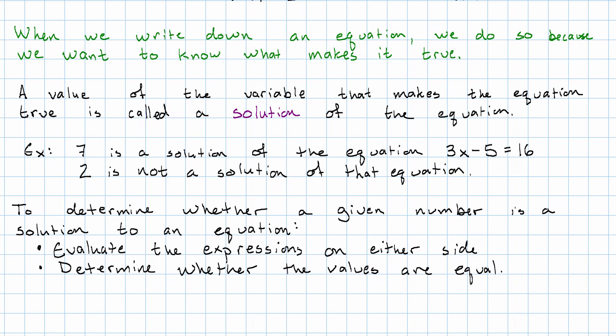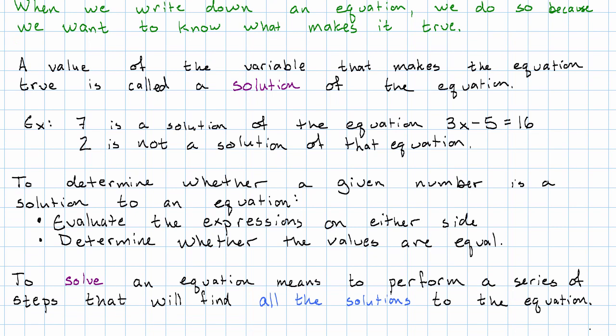So that's fine if we know a possible solution. If we don't currently know any possible solutions, what's our alternative? If we want to know what the solutions to a given equation are, we want to solve the equation.